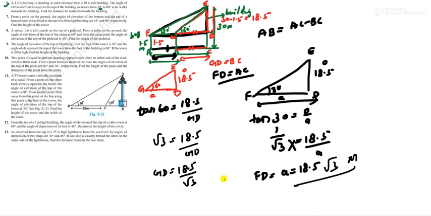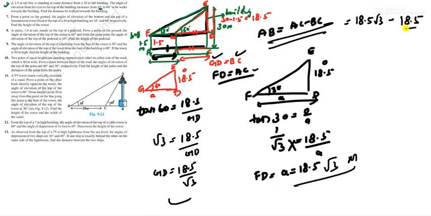Now you can use FD, which is equal to AC. So in place of AC you can write 18.5 root 3 minus BC, since BC is equal to GD, that is 18.5 by root 3. Don't get distracted by this decimal value, it will get cancelled.